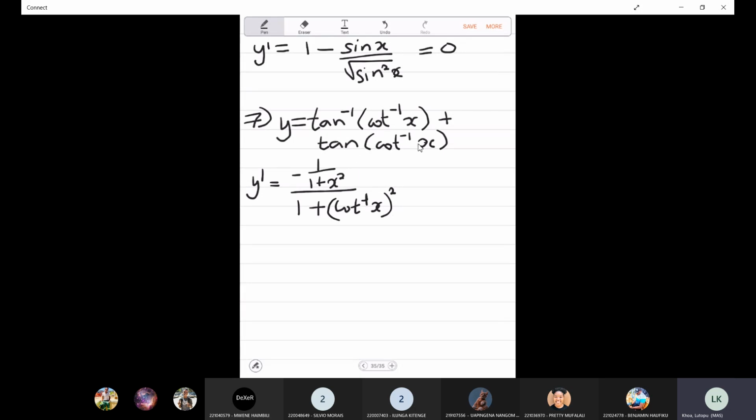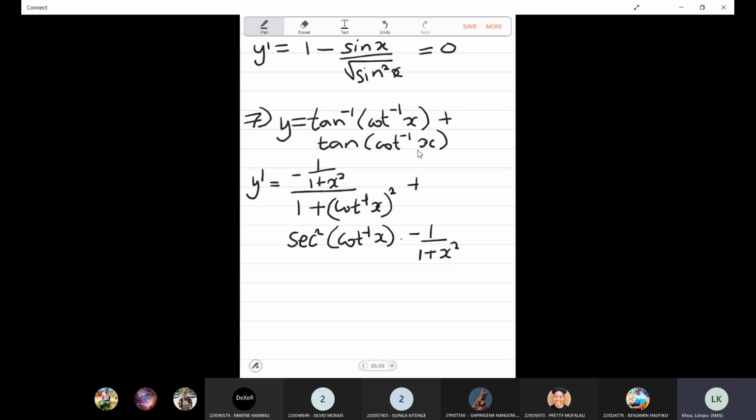That was for tan inverse of cot inverse of x. Then differentiate tan of cot inverse of x. The derivative of tan is sec squared, so this is sec squared of cot inverse of x, and then you multiply that by the derivative of cot inverse of x, which is negative 1 over 1 plus x squared. Then you can write your final answer in the simplest way that you can.